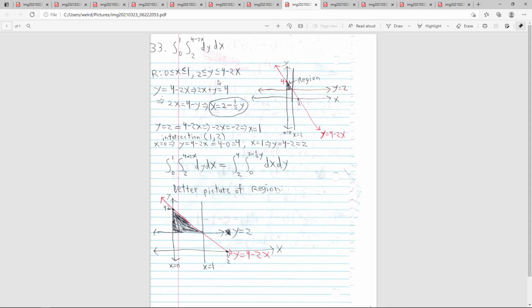So you have your region here from this first one, dy dx. You have to write it as dx dy, something like that. So 4 minus 2x is y equals that. But x will be equal to 2 minus 1/2 y. And y equals 2 is at a limit, so that's why the line is drawn like that here. And x equals 0, x equals 1, as I said.